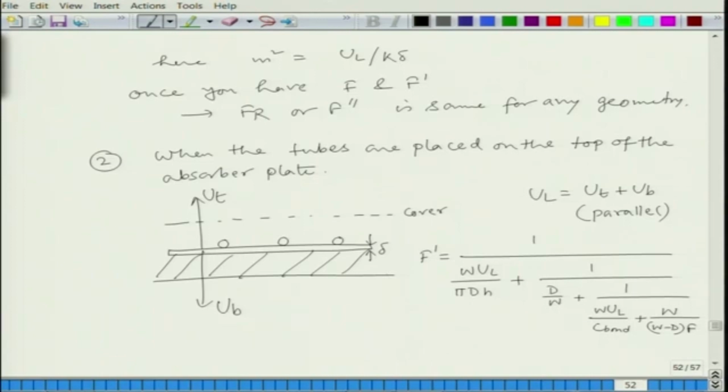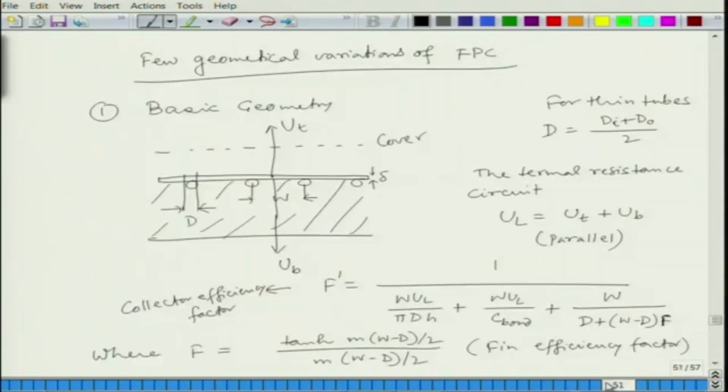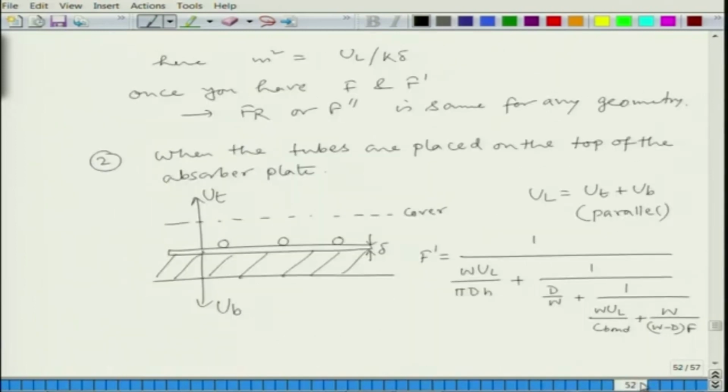Okay. So now you see, when the tubes are at the bottom of the plate, you have this particular expression of F prime. But now you have a separate expression of F prime, because the heat transfer resistance circuit itself changes.